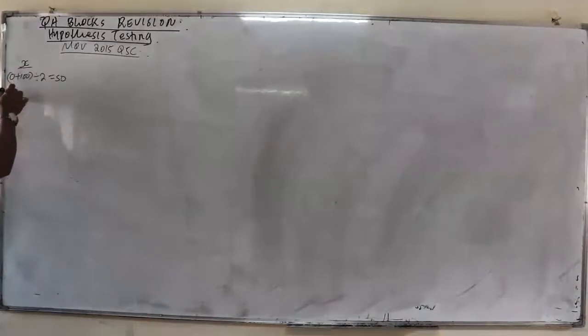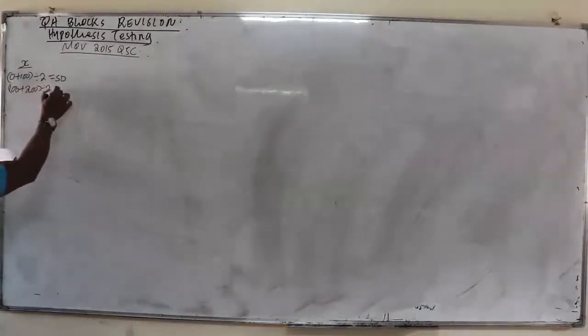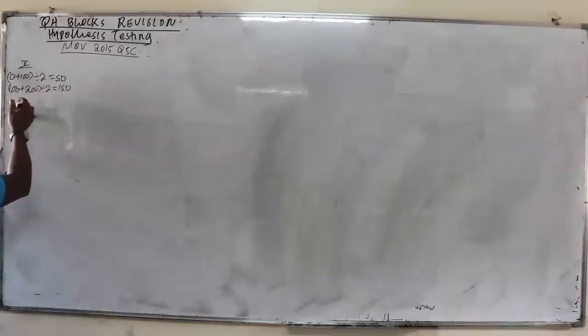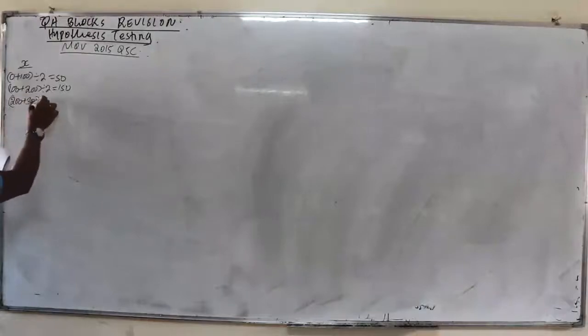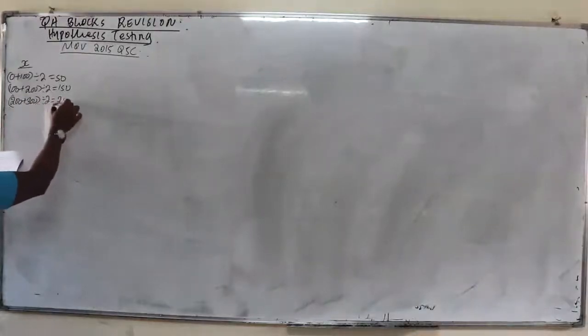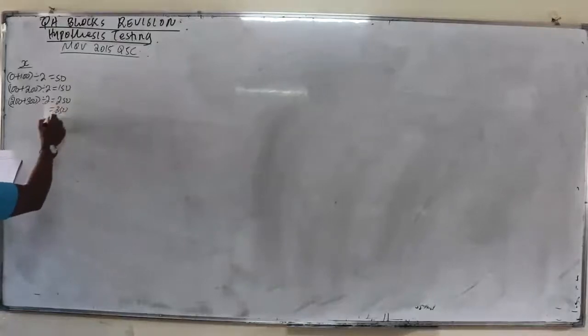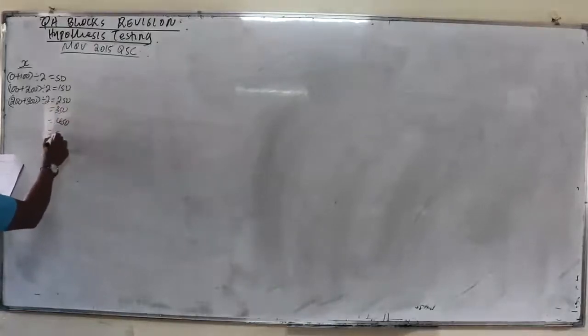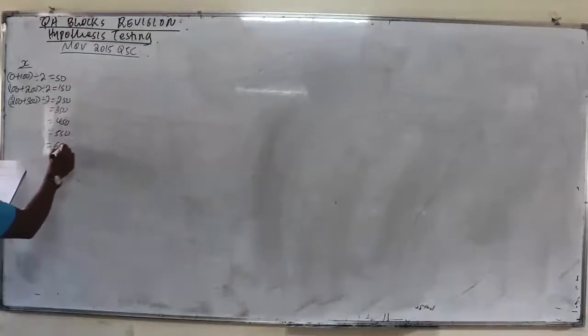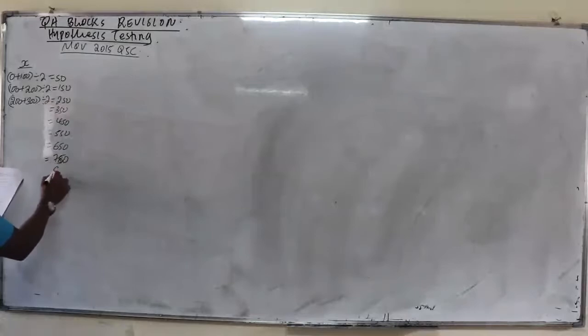The other one, you take 100 plus 200, then divide by 2, and you get 150. 200 plus 300, you get 500, divide by 2, you get 250. The others will be 350, 450, 550, 650, 750, and then 850.